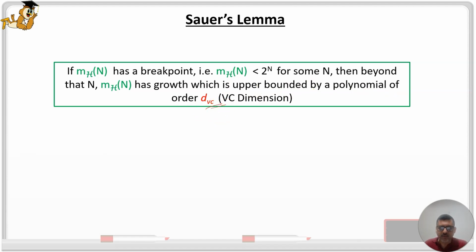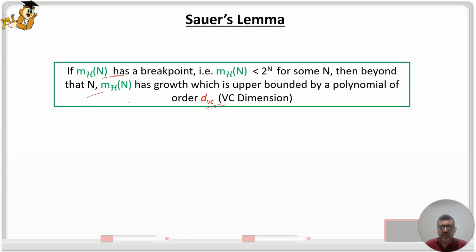So to repeat, we are talking about the growth of the growth function. How does the growth function grow beyond its VC dimension? And what Sauer's lemma tells us is that if the hypothesis set has a breakpoint, then beyond that breakpoint, the growth function grows like a polynomial.